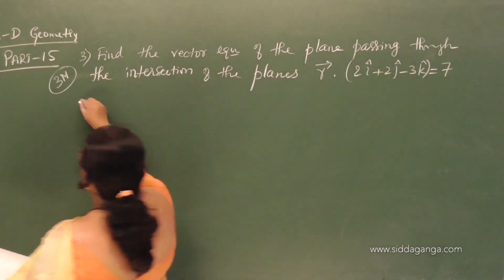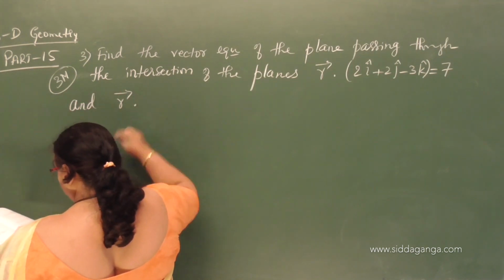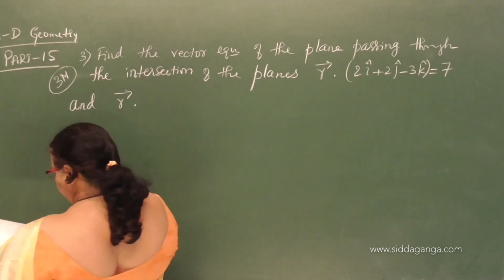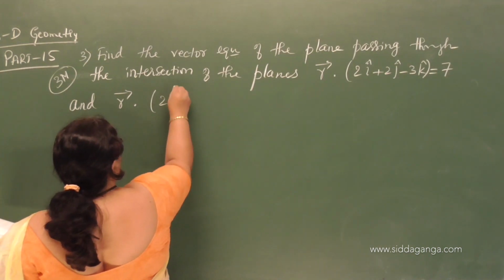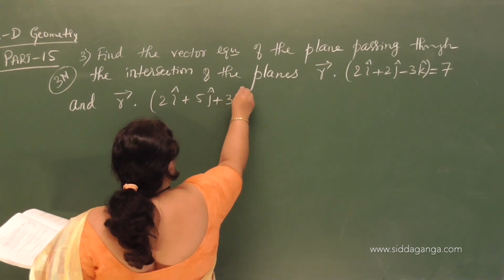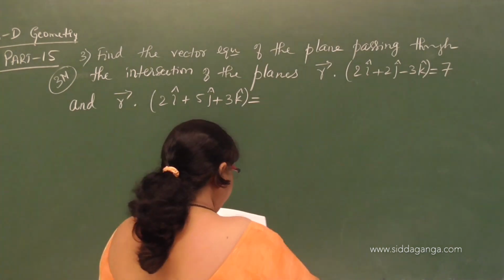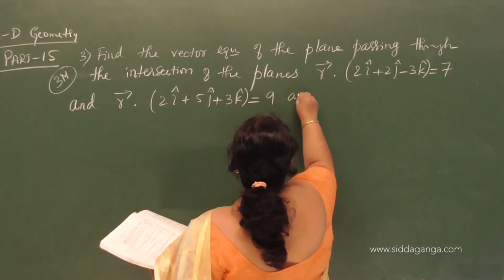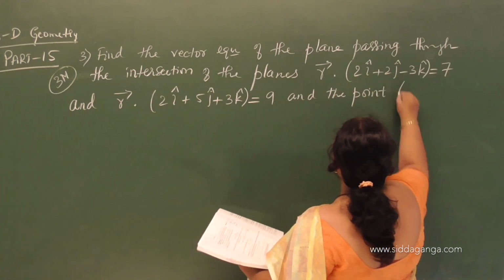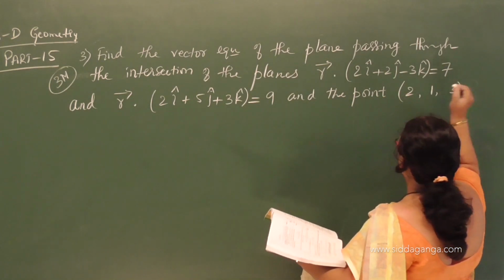And another plane equation is given as vector r dot 2i cap plus 5j cap plus 3k cap equal to 9, and the point is given as 2, 1, 3.